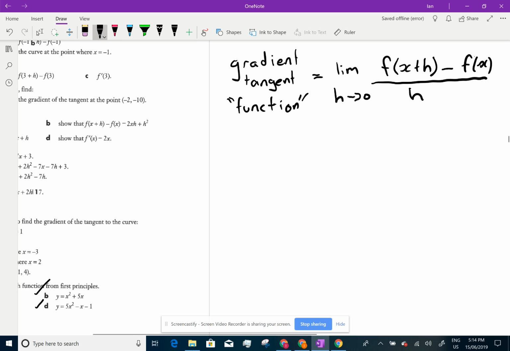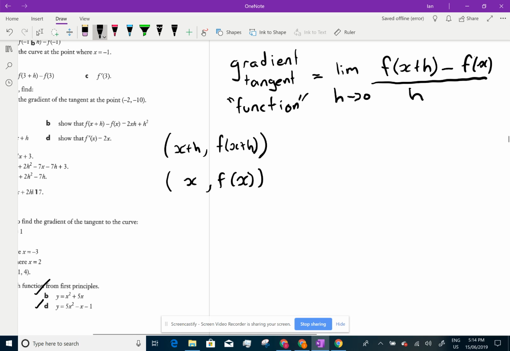All right, because what we're doing is we're subtracting the y values on the top line and we're subtracting the x values. And remember, the two y values we have are f of x plus h, that's a y value, and x plus h, that's the x value. That's the point. And the other point is x and f of x, whatever we do to x.